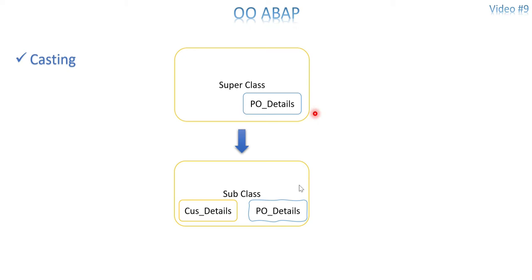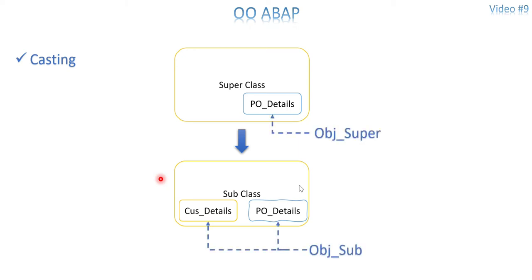It's very generic information; PO information is retrieved from this method. The subclass inherits the same method and redefines it in the subclass, and the subclass has its own method also. So the superclass has only one method, and the subclass inherits and redefines the superclass method, and it has its own independent subclass method also.